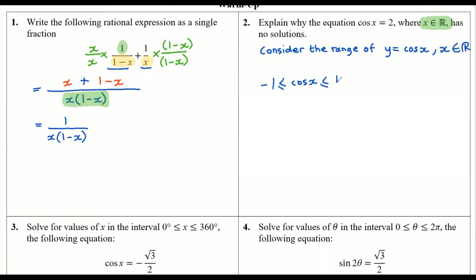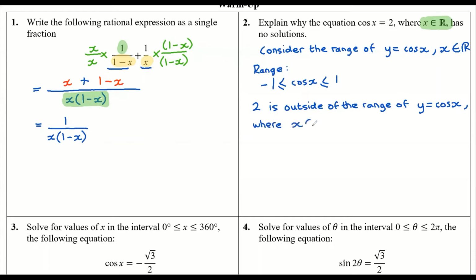Okay, so the fact that we're told the equation cos x equals 2 has no solutions, well, the simple reason is because that 2 is outside of the range of the cosine graph. All right, so this is the range, and we can just say that 2 is outside of the range of y equals cos x, where x is a real number.